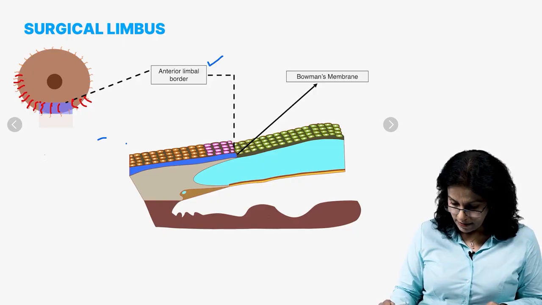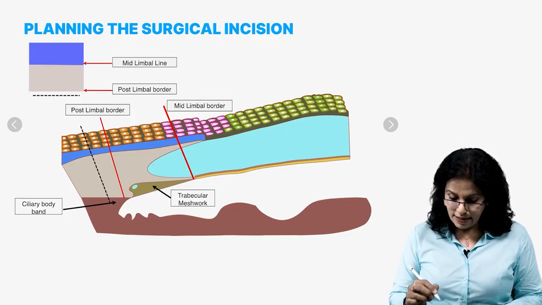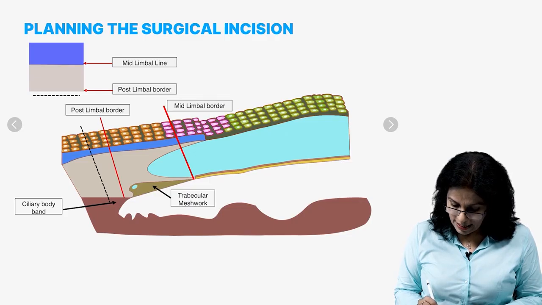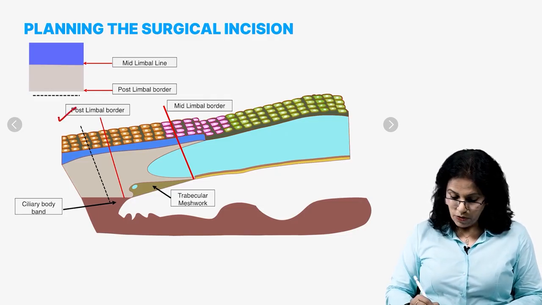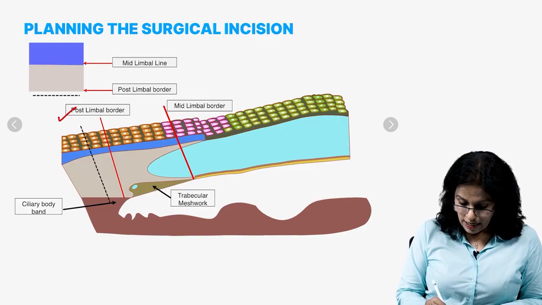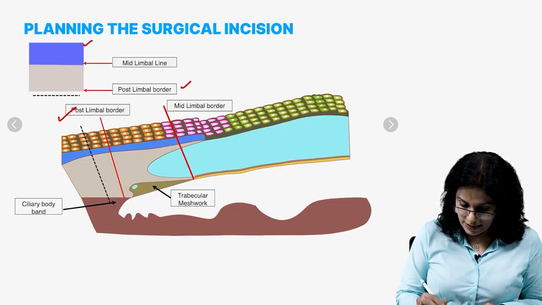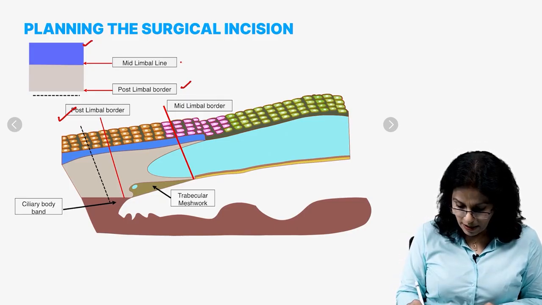If anterior limbal was corresponding here, posterior limbal is again at the level of the ciliary body band and scleral spur, right? So you draw a line like this, perpendicular, this is your posterior limbal. So the posterior limbal is from the scleral spur, the anterior limbal is where the blood vessels are terminating, till the termination of Bowman's membrane, and the middle line is the middle limbal.